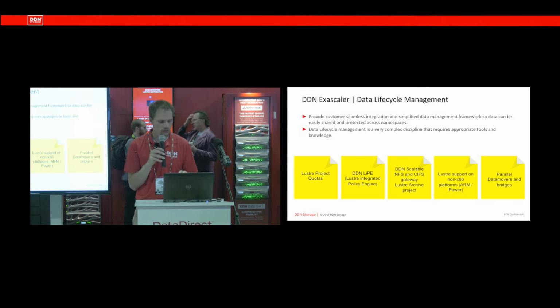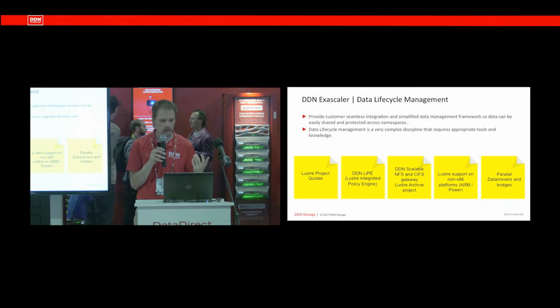We contributed a large portion to the Lustre project quotas, including a lot of work to the XFS file systems underneath Lustre to make sure that we were able to support those quotas all the way through the system. We have DDN LiPE, which is a Lustre integrated policy engine. I will give more details about that here shortly.